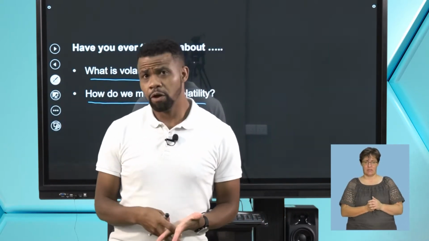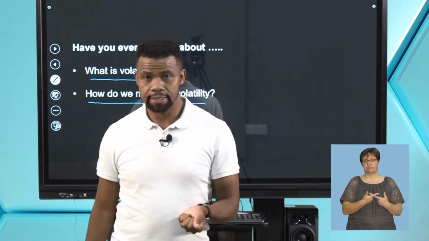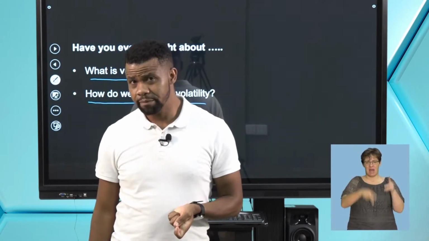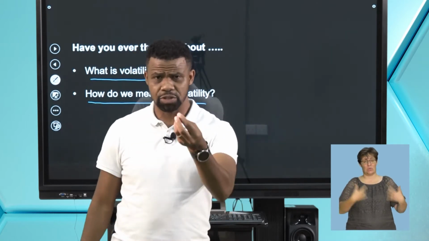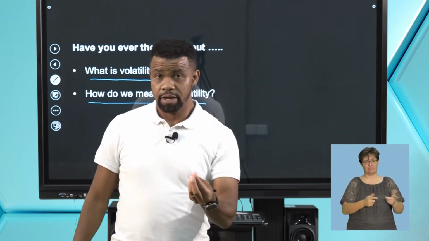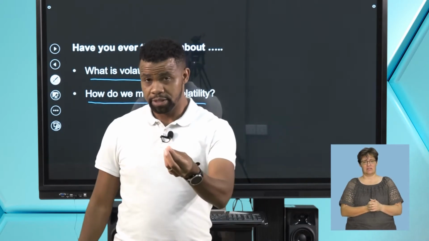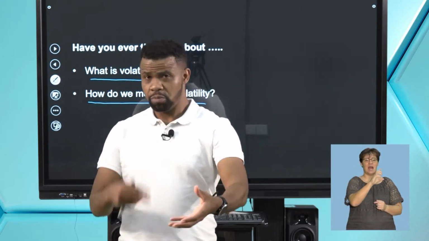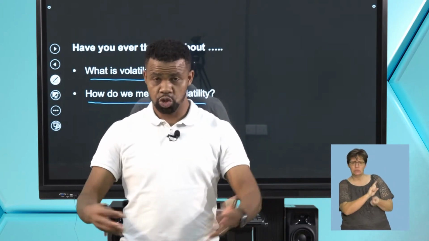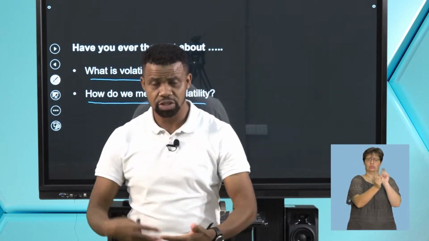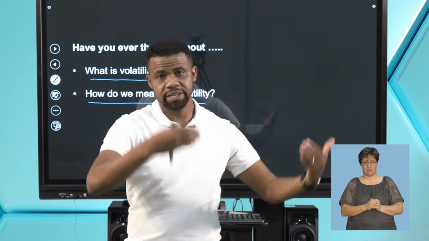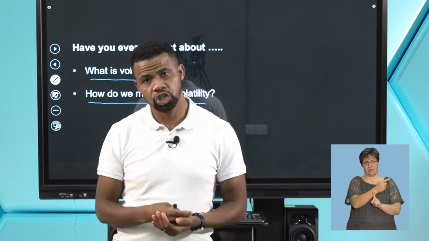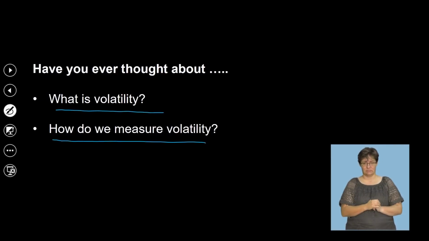And we do have commodities which are volatile, some of them things like oil. They're very volatile. The price is not that fixed. You might know the price is, let's say, 100 rand now, but tomorrow when you check, the price has changed. You check within an hour, the price has changed. That's volatility. It's a high deviation from the average. And how do we measure volatility?